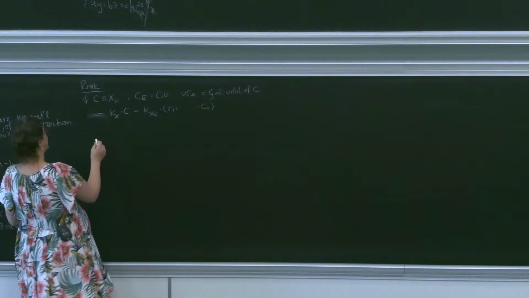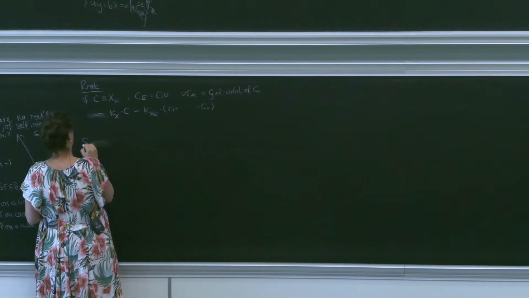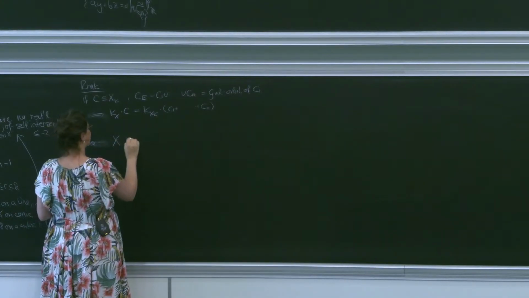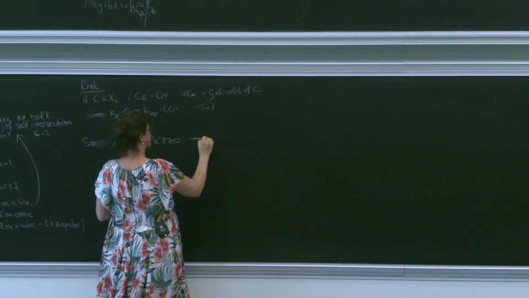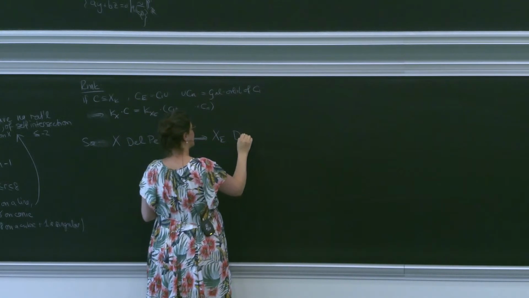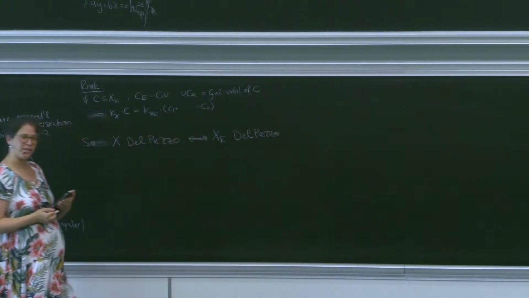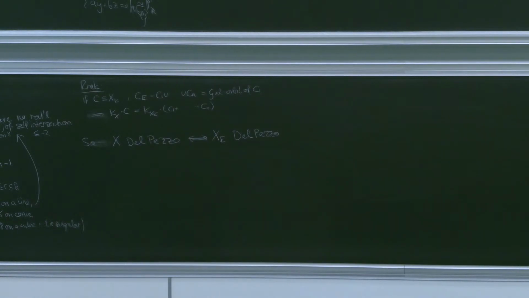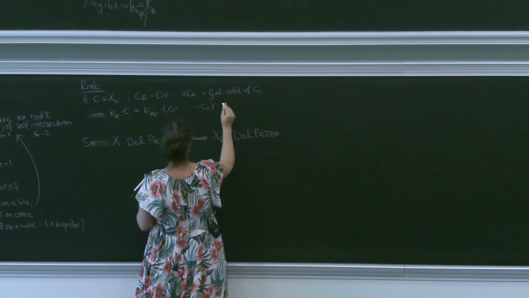So because of this, if X is del Pezzo, then this is actually equivalent to X over K bar being del Pezzo. Right, so here maybe I can write this.